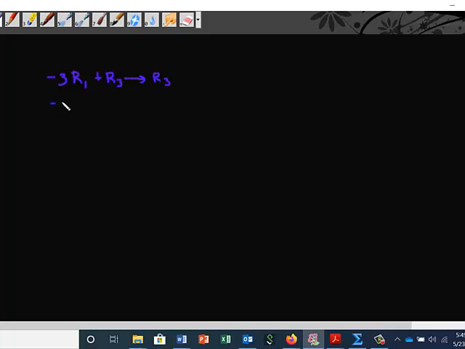So this will be -3 times row 1, and then this will be -3, this will be -3/2, this will be -3/2, and a negative times a negative is positive, so it should be +3, +3, and then we add it to row 3.